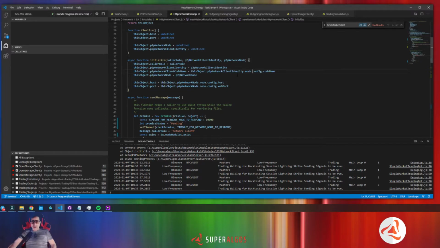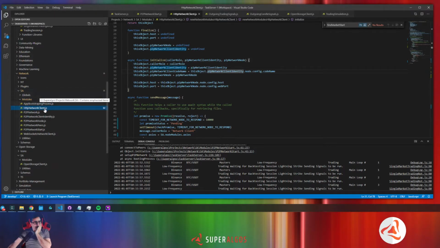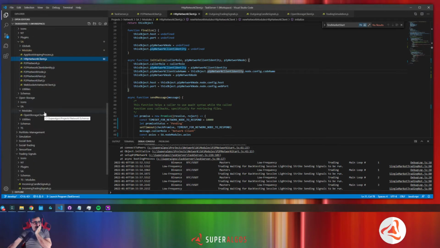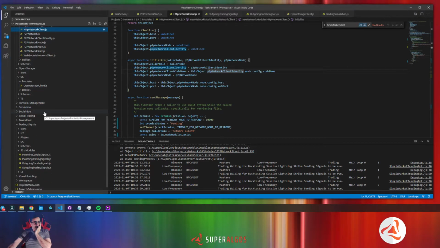Okay, there is another problem, and this one is inside this module from the network project.